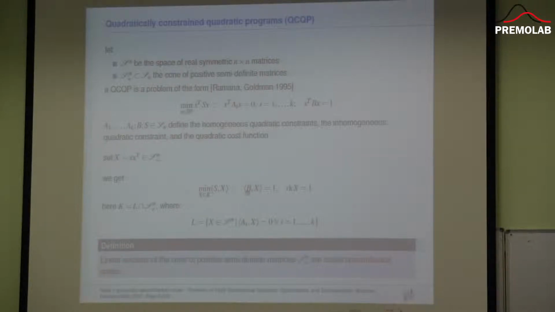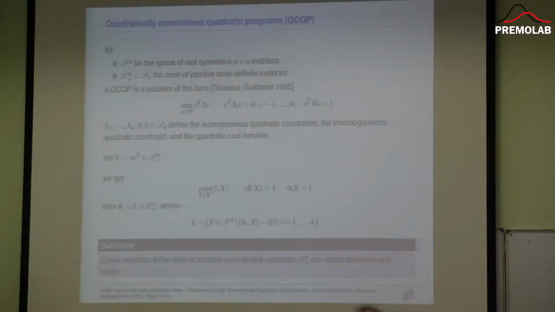But now we have a rank constraint. So the linear constraints are easy, but the rank constraint is what makes the problem difficult. And actually, the general problem is NP hard, so it's hopeless to solve the general problem.